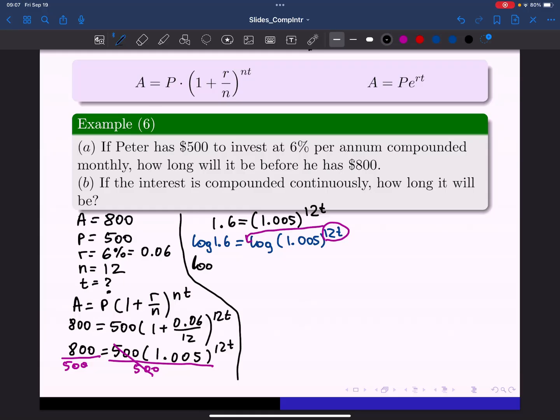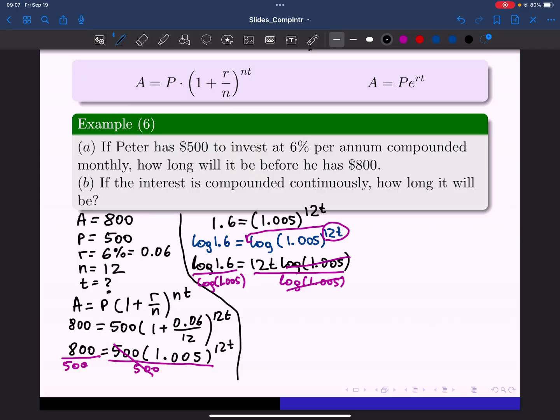So we have log 1.6 is equal to 12t log 1.005, and then we can divide one by one or all together. Divide by log 1.005. This log and this log cancel out. Use your calculator. I'm getting log 1.6 divided by log 1.005.